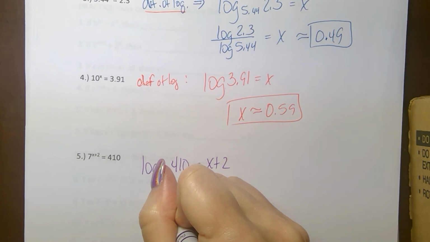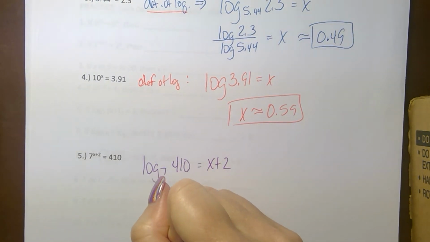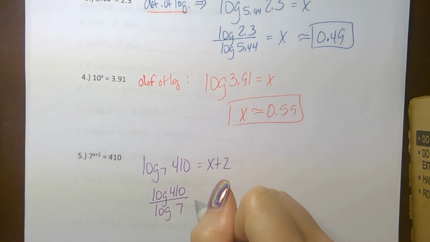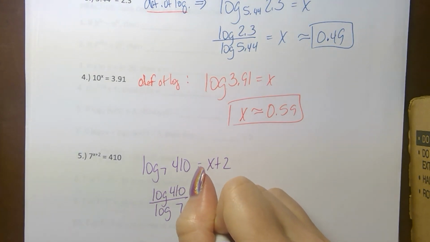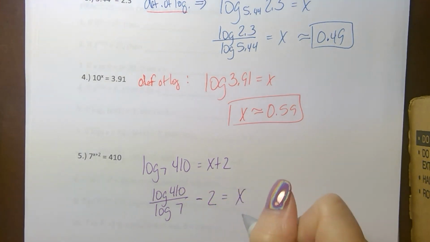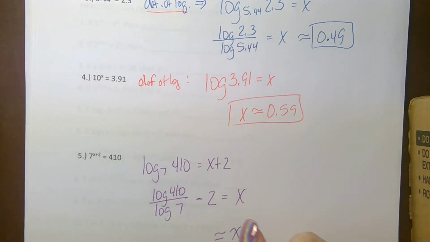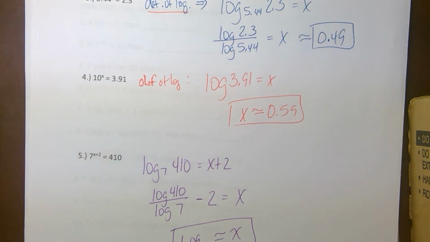So I'm going to do log 10 divided by log 7, hit enter to get that ratio, and then subtract 2, and that will be my value for x. Still going to have to round it, giving an approximate value. So x is approximately 1.09.